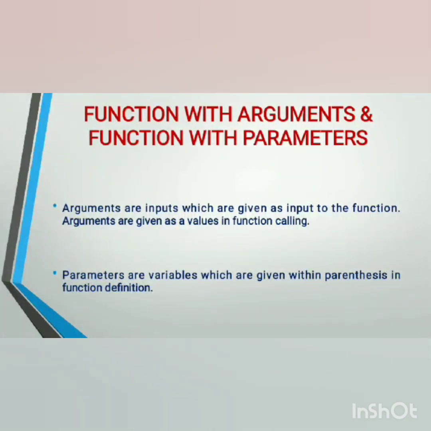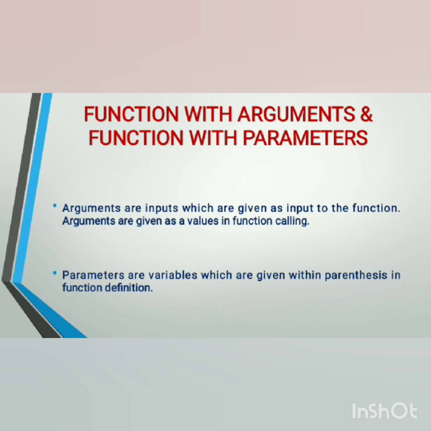So now we are going to see the arguments and parameters in a function. What is an argument? Arguments are inputs which are given as input to the function, right? It is a value which is used in function calling. This is called arguments. Next one is parameter.